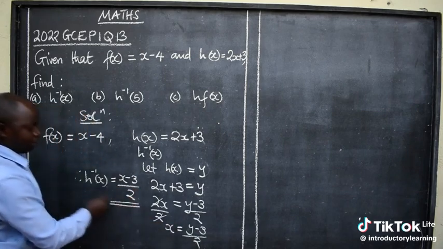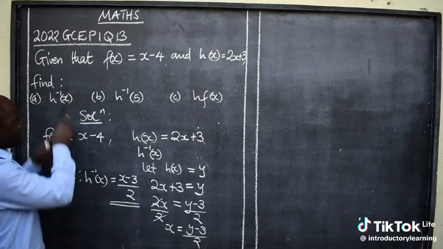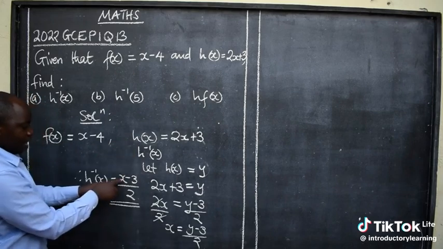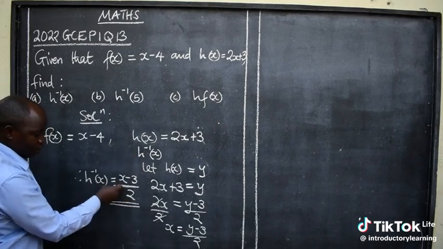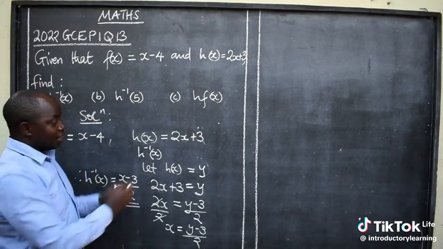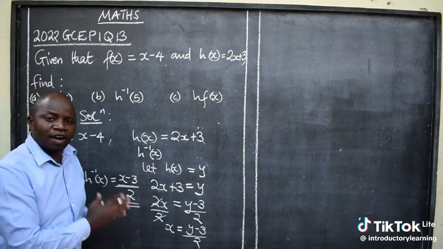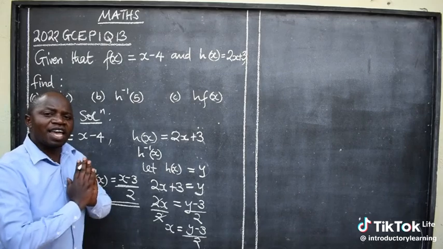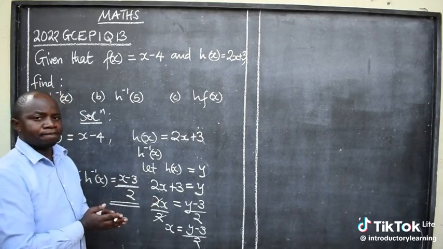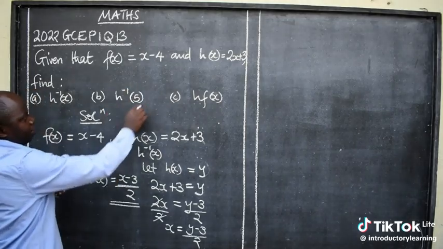Let me give you a final answer. So the inverse of the function h is x minus 3 over 2. Is that clear? And that is the way you should be able to find the inverse of any given function. It's like that. We move on to the next part.